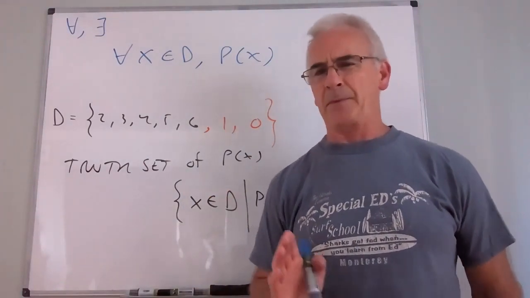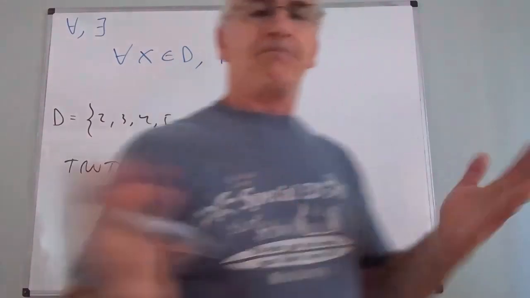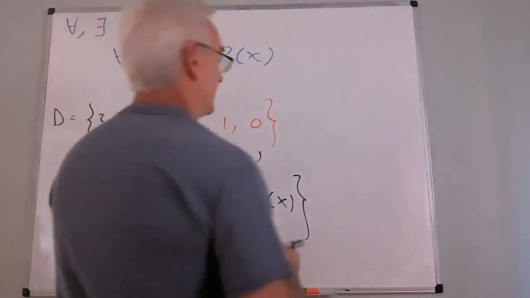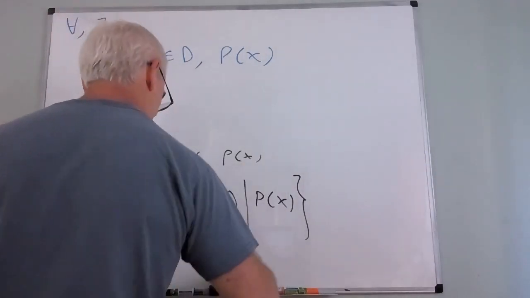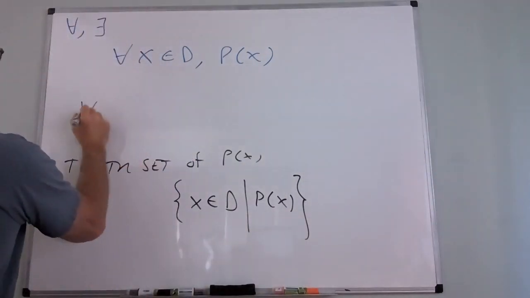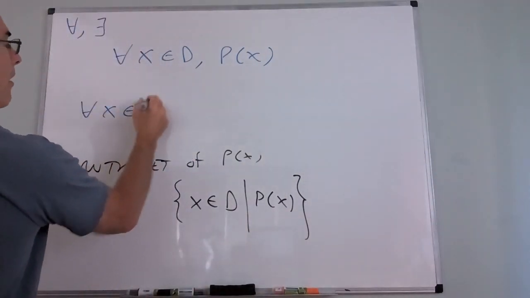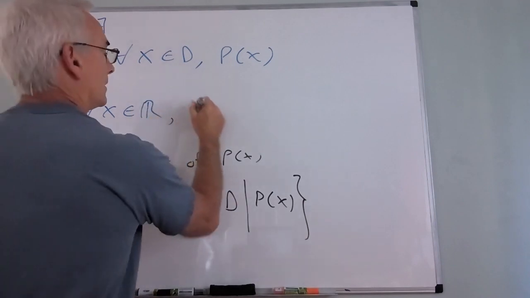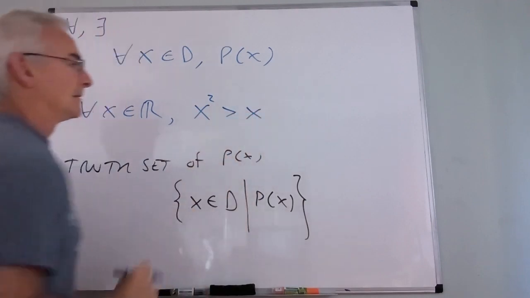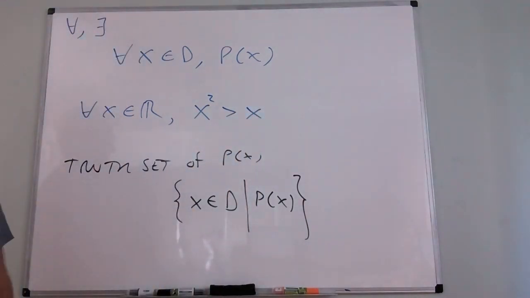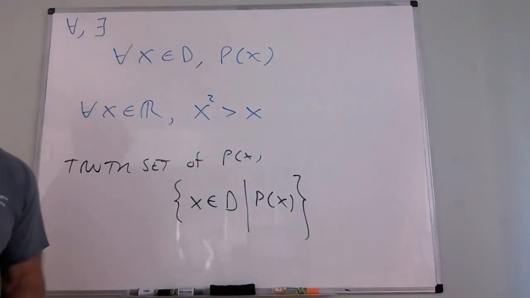Now, here's where we sometimes get in trouble. Let's just say hypothetically, let me give you an incorrect mathematical statement. For all x in R, x squared is greater than x. Do you believe this statement is true or false?